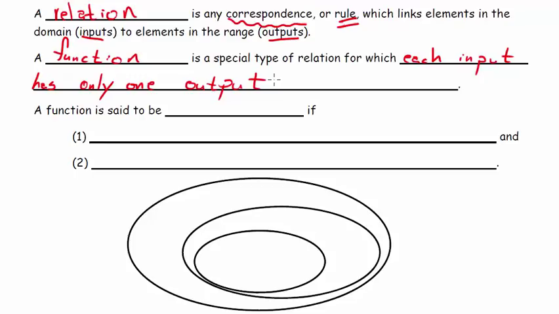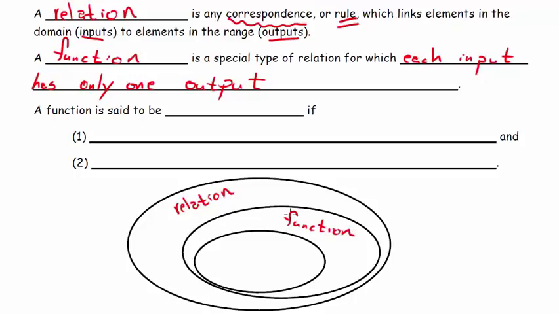Okay, so if I'm going to jump down here, a relation is out here. It's just any rule. Okay, now if my rule has only one output for each input, then we're a subset of all relations, which we are going to call a function.